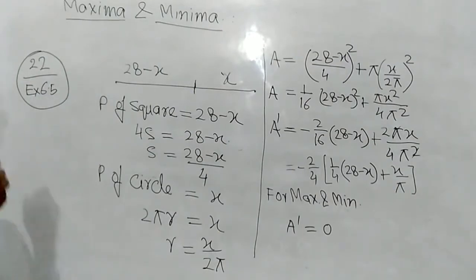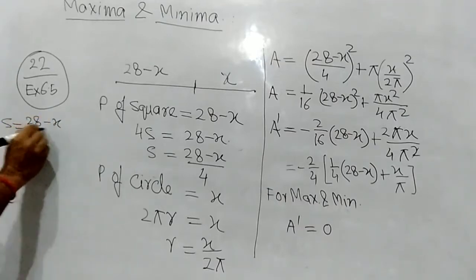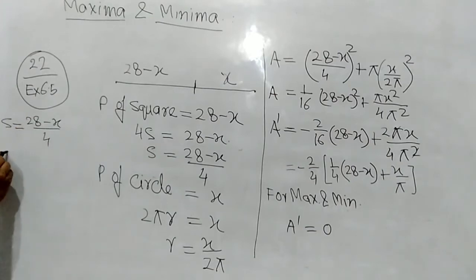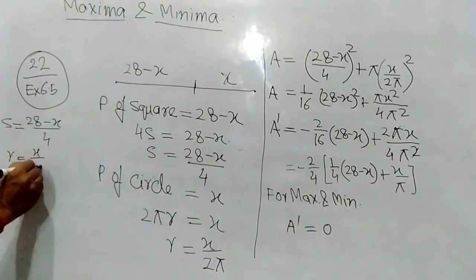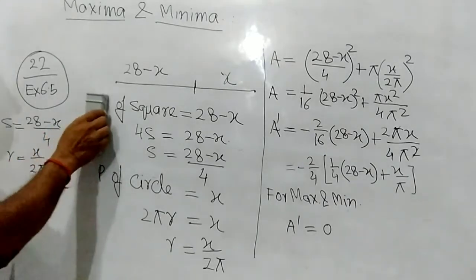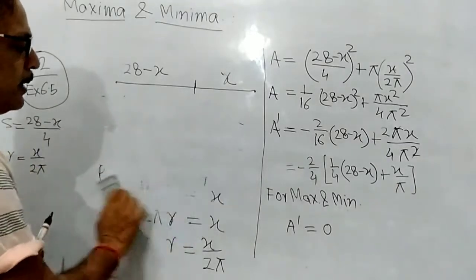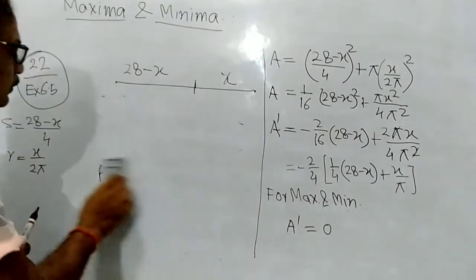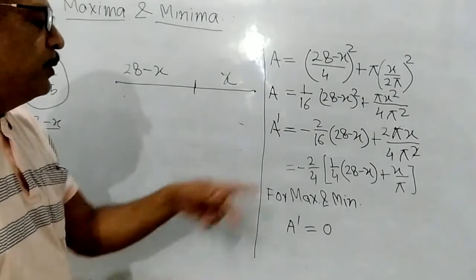Can you write one side is 28 minus x/4, and our radius of the circle is x upon 2pi. This is the radius of the circle. Here we see A dash equal to 0.